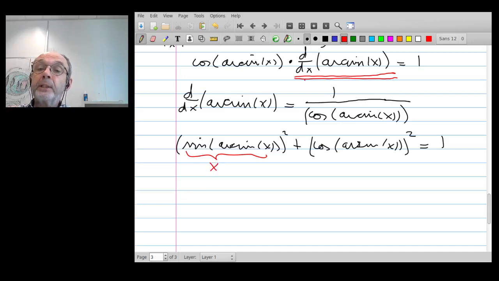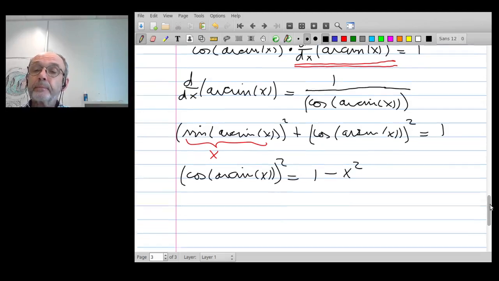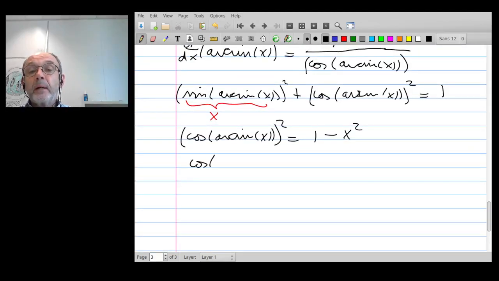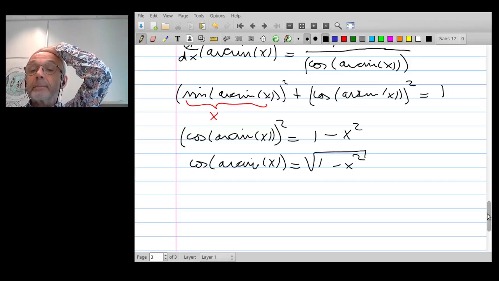So I see that the cosine of the arcsine function, squared, gives me 1 minus x squared. And now I am interested in the cosine of the arcsine function, so I have to take the square root of 1 minus x squared.